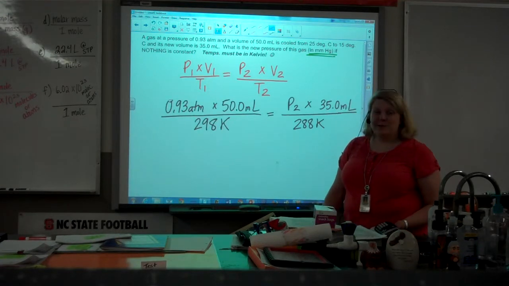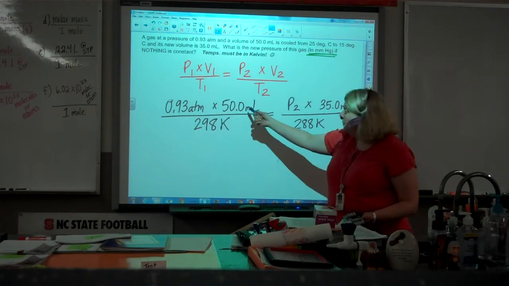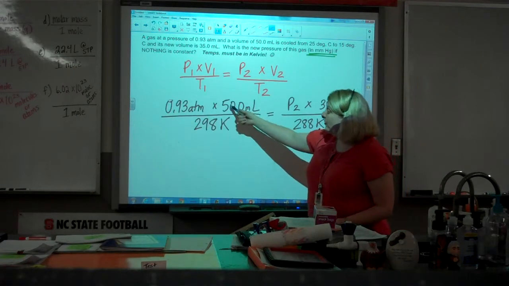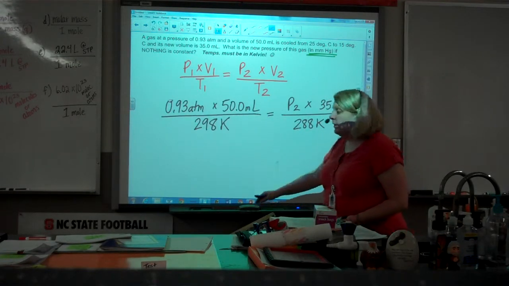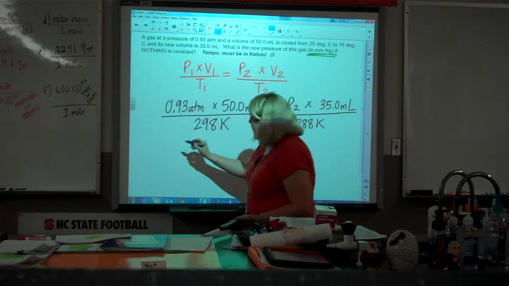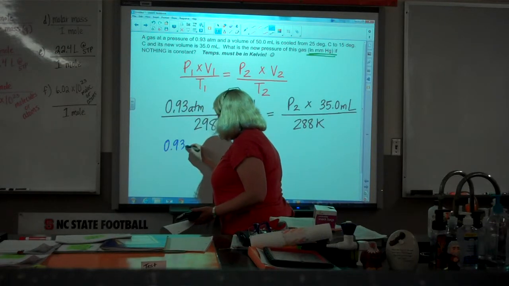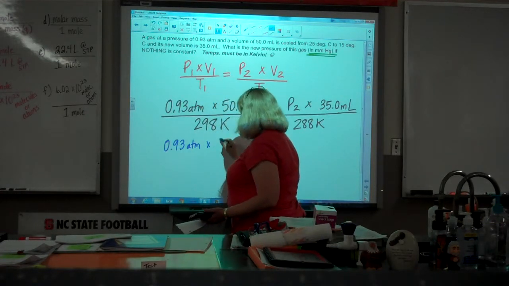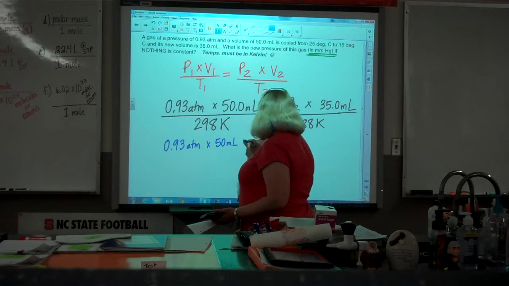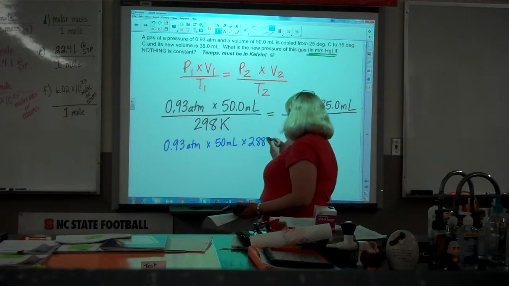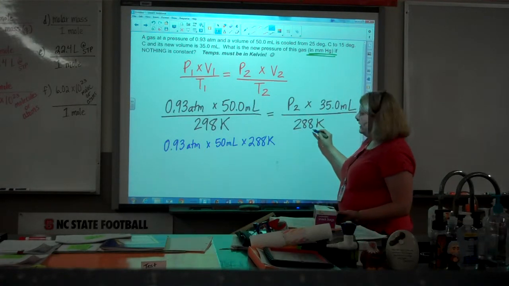And I always tell my students, this is just cross multiplication again. I can go from left to right because all my variables are in place. So mathematically, we're going to do 0.93 ATMs times 50 milliliters times 288 Kelvin. So I'm going to go from left to right.